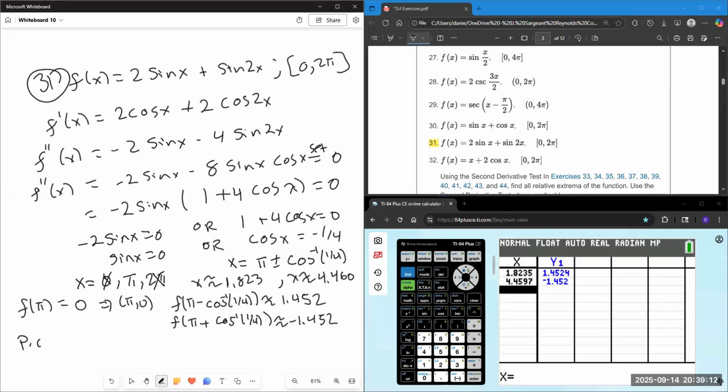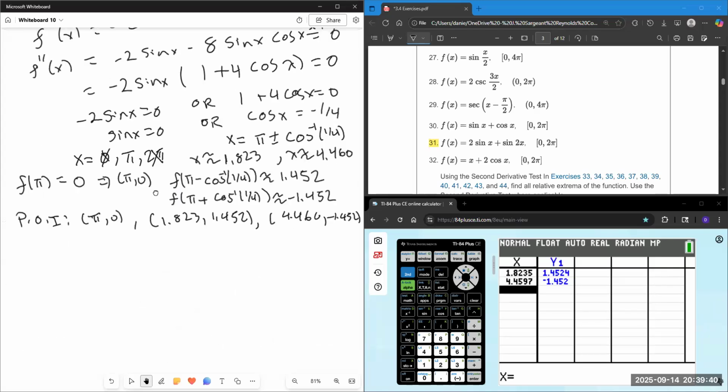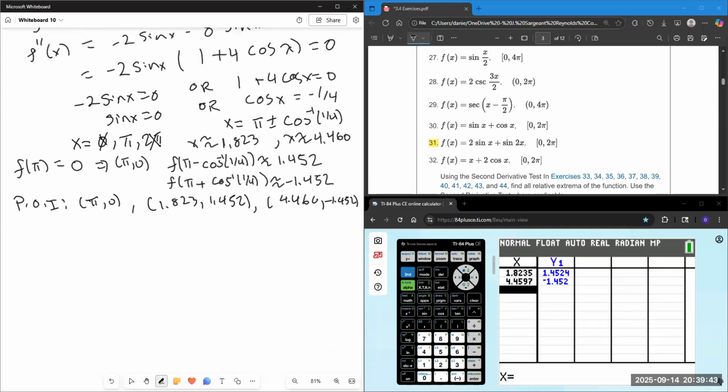So points of inflection are at pi, 0, then approximately 1.823, 1.452, and 4.460, negative 1.452. I'll use those approximations for my test for concavity because I don't need the exact numbers on my number line here, since I'm picking numbers that are bigger or smaller.